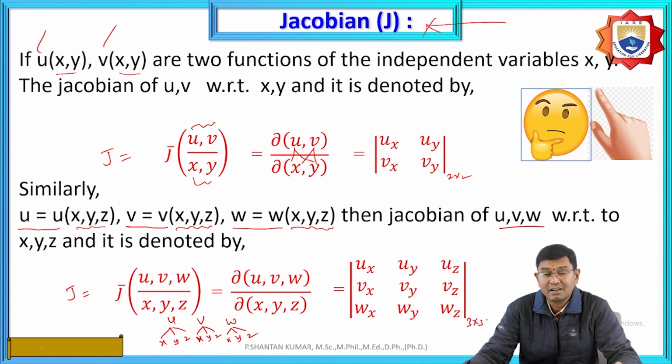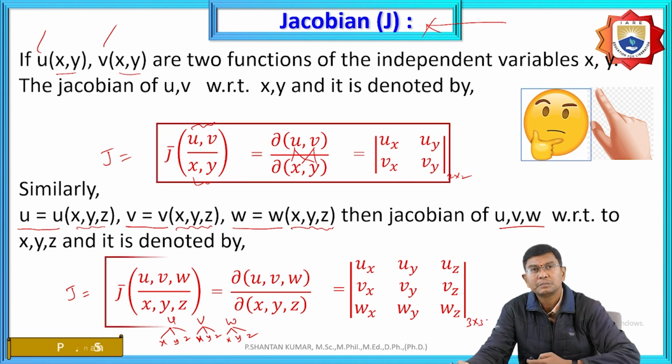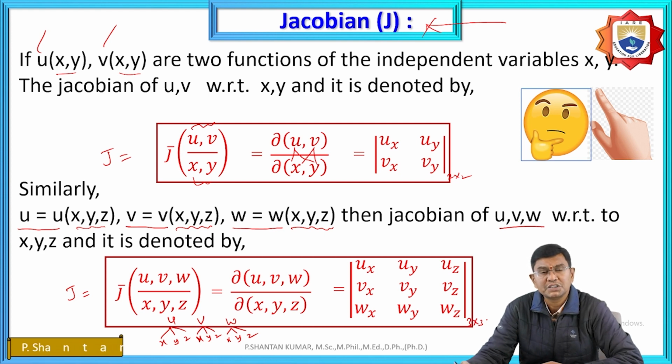This is called the Jacobian of the function. This is from the definition point of view: what is a Jacobian, and how to define the Jacobian for two variables, and similarly for three variables. Similarly, any number of variables can be defined based upon this concept.